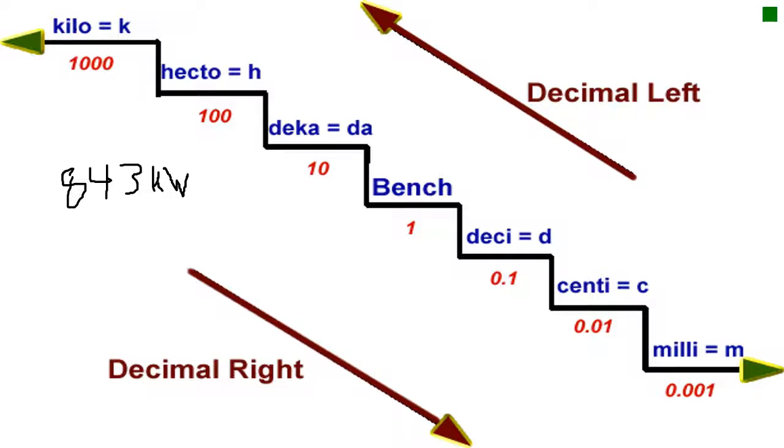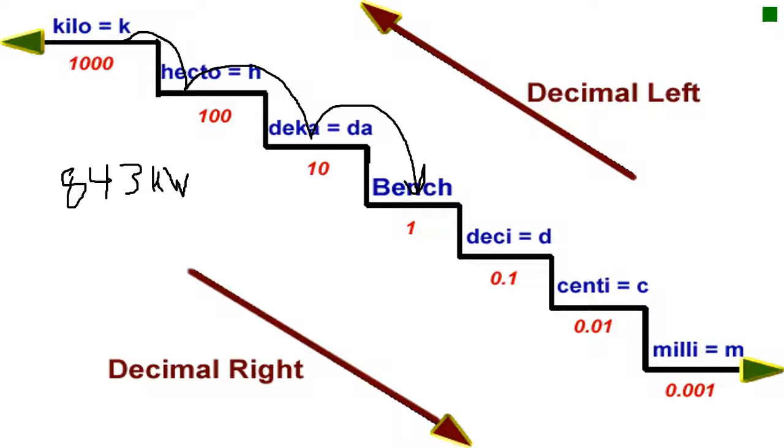So we start at kilo, and we're moving down in this direction, 1, 2, 3, to our basic unit, because that's what we're asked to do. We're converting this to watts.